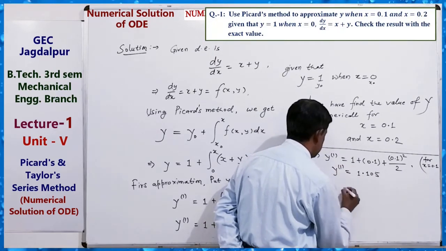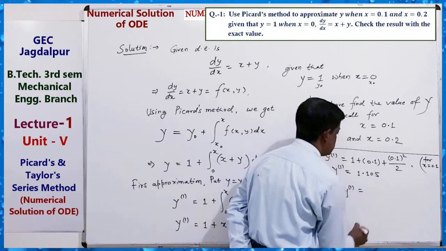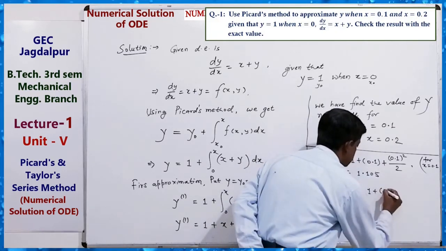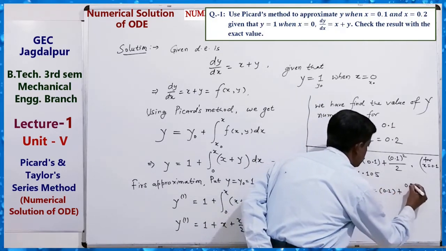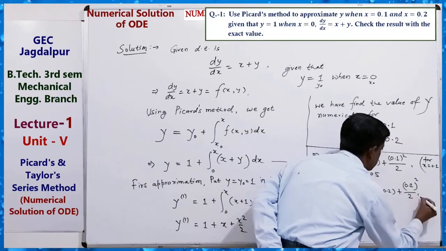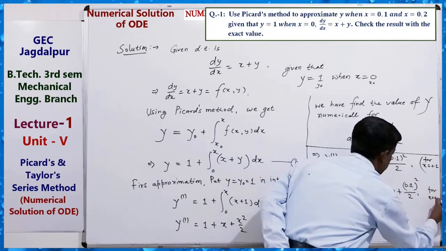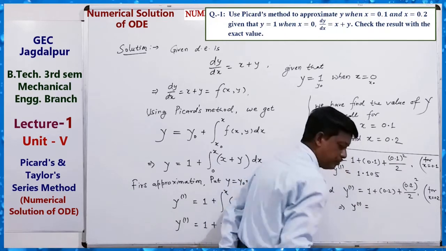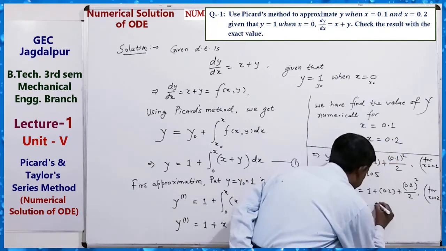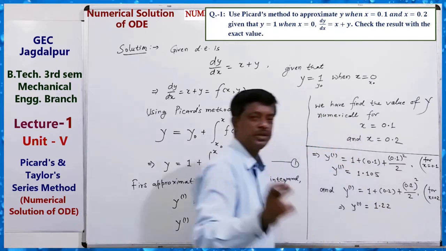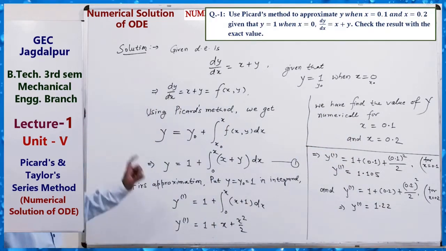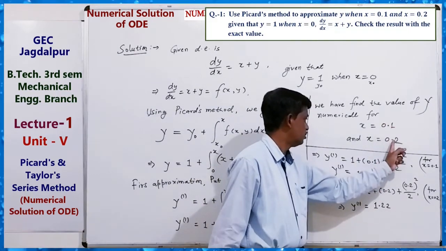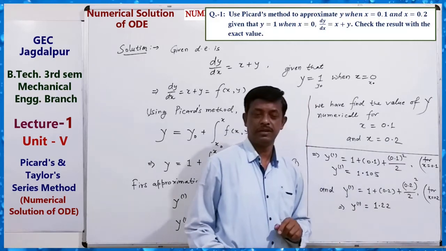And similarly, y first approximation is 1 plus 0.2 plus 0.2 square upon 2 for x equals 0.2. So this can be solved: y equals 1.22. Just do it using a calculator. This is the first approximation. For x equal to 0.1, the value of y is this; for x equal to 0.2, the value of y is this. Clear?